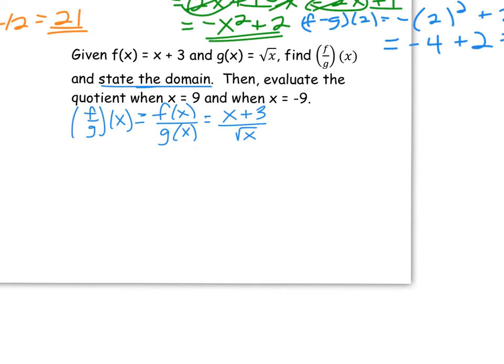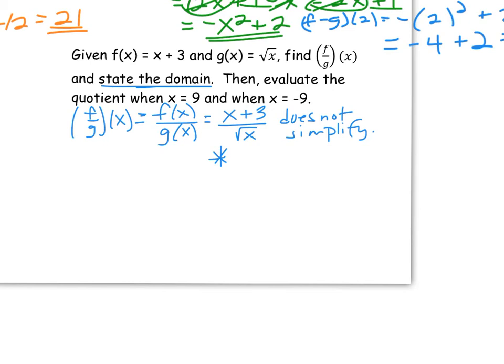There's nothing that cancels out or simplifies here, so I'm just going to write does not simplify. If it did, we'd have to try to break things down, but in this case, that's as good as it's going to get. But our domain, though, there's a couple of things happening here. We know that square roots can't be negative, but the denominator can't equal 0.